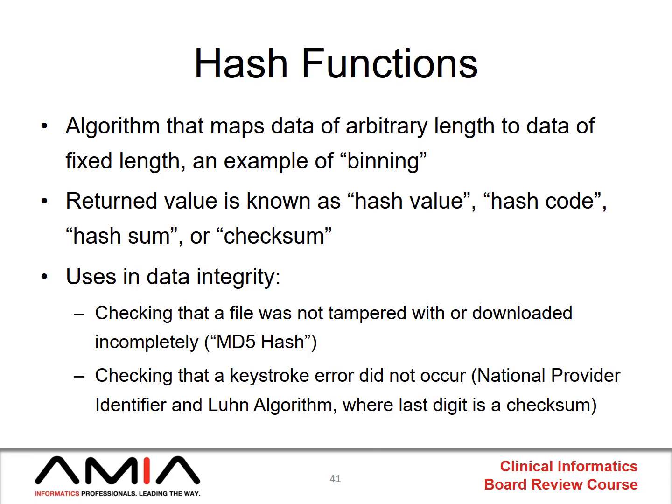As you can imagine, the values of that last digit are only between 0 and 9. That's, I think, a more concrete example of a binning function. It takes your entire NPI number, and based on what the NPI number is, it gives it a value of 0, 1, 2, 3, 4, 5, 6, 7, 8, or 9.